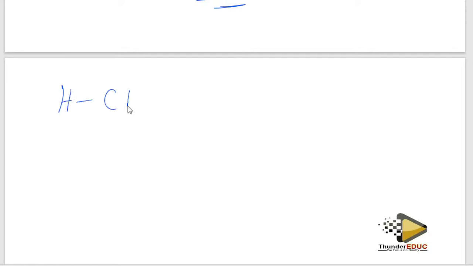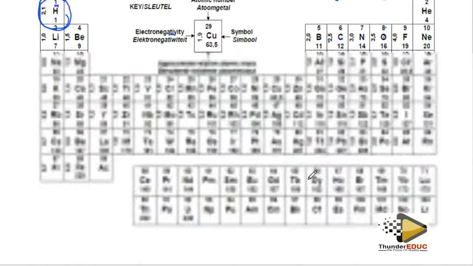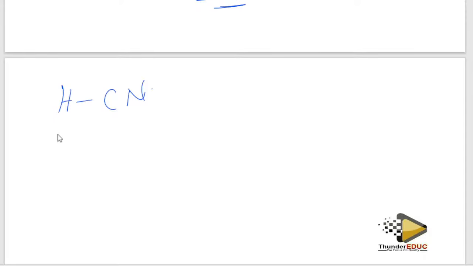Hydrogen cyanide. Don't forget that hydrogen is what? Come here and see. Hydrogen here is 2.1, and carbon here is 2.5. So when I subtract, it's going to be 2.5 minus 2.1, which gives me 0.4.